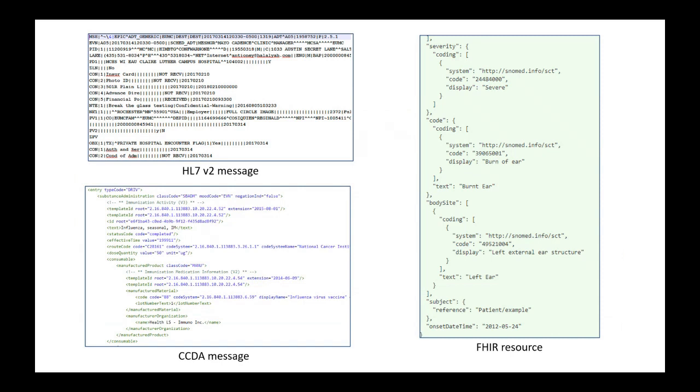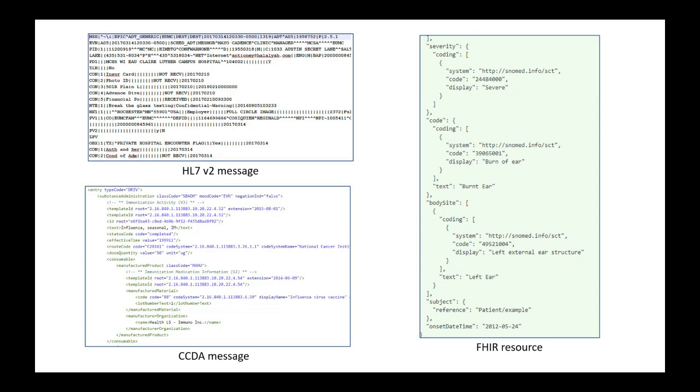So here is just a sample of different types of healthcare data. If you notice on the top left-hand side, we have HL7v2 messages and what they look like. It's completely pipe delimited, and you may notice caret characters, called hat characters, very difficult to read and understand. At the bottom, you see a CCDA message. It's an XML-based message.